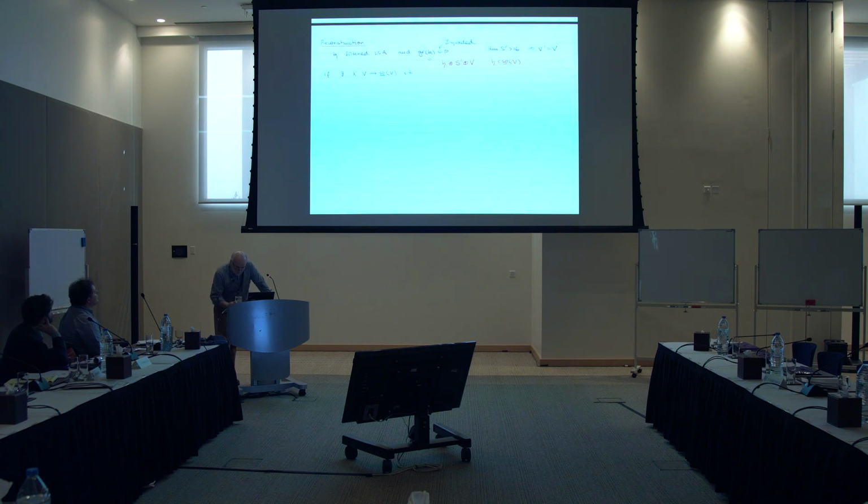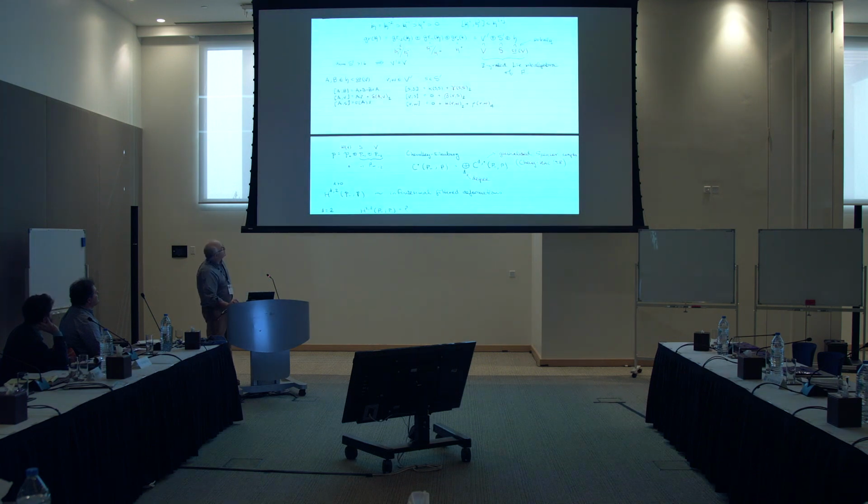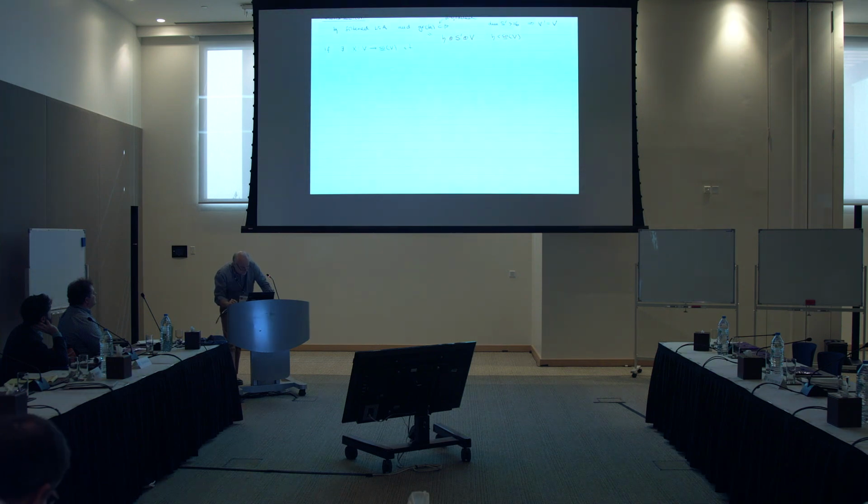Remember that I have these alpha, beta, gamma, delta, and rho. I call it rho because that's actually a curvature. So alpha, beta, gamma, delta. There are some conditions that need to be satisfied.